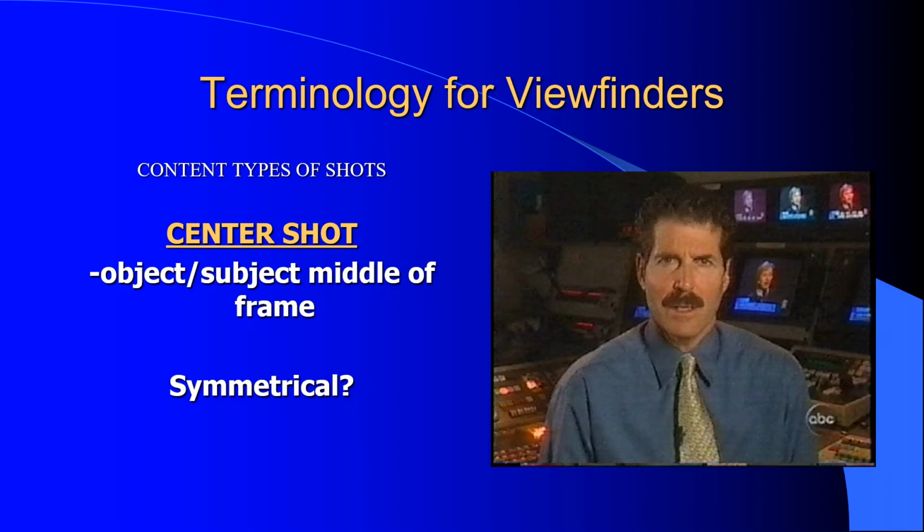If you split it in half down the middle, it would be mirrored on the right half and the left half, so that the two halves would be almost exactly the same.